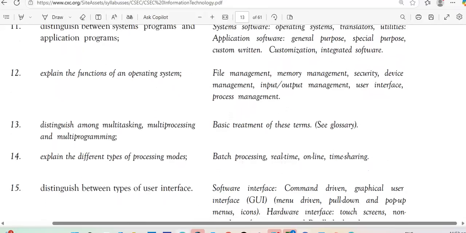Explain the functions of an operating system. So what are the functions of an operating system? An operating system, OS, is software that manages computer hardware resources and provides common services to computer programs. The functions of an operating system we're going to break down into several key areas. So we are looking at number 12. Some of the functions of an operating system include file management.